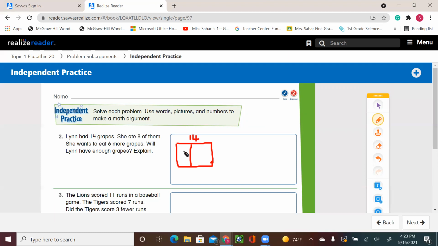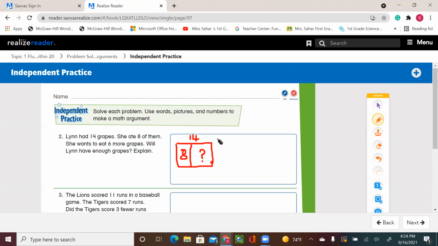She ate 8 grapes. So I know one of my addends, one part. Now, the second part, I don't know it. But the question asks, she wants to eat 6 more. So will Lynn have enough? Do you think this part, the missing part, would be 6?